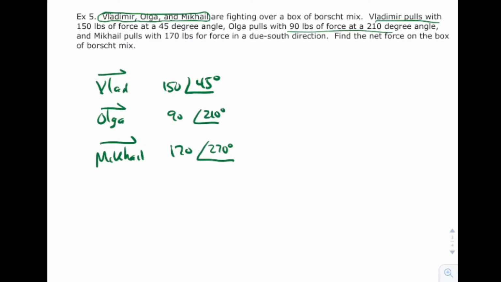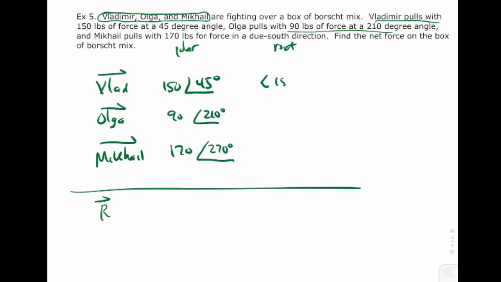You have your polar form, you convert to the rectangular form, and we'll get our resultant in a little bit here. So the rectangular form, I'm just going to write this out. In fact, when you get really good at this, you won't even write it out. You just get out your calculator right away. But the rectangular, you're going to have a 150 cosine 45 degrees x component. This is going to be a 90 cosine 210 degrees x component.